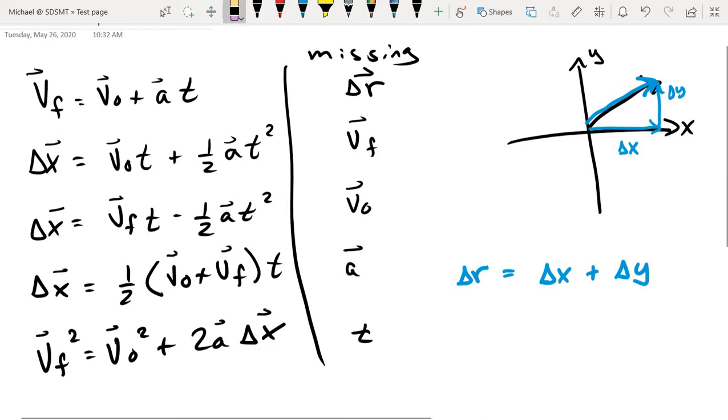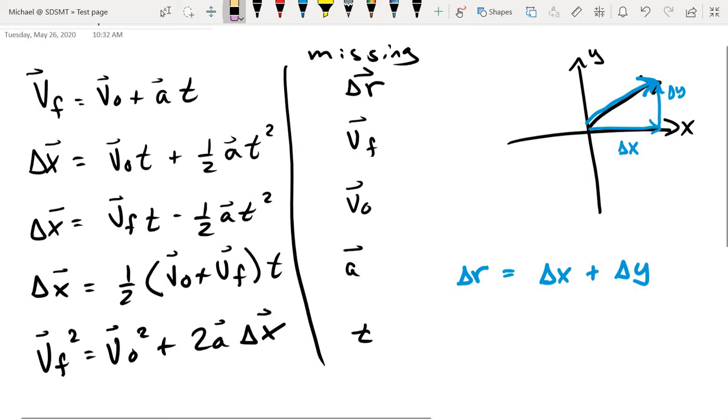Likewise, our other vectors, v final, v initial, and acceleration, can be one-dimensional vectors, 2D, or 3D. It all depends on how many components we're going to be dealing with. But I'm not going to rewrite v final, v initial, a.